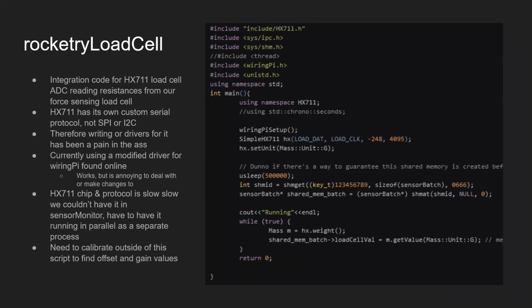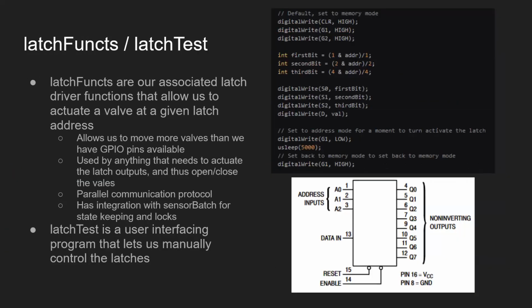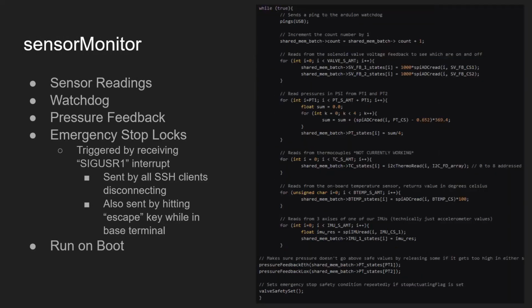If you see load dat, load CLK, and in sensor monitor, there's PTS amount, PTCS, I2C array. These are hard-coded what are called macros, so they're not variables, and they won't change during execution.